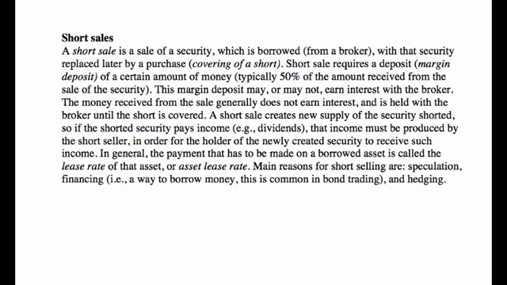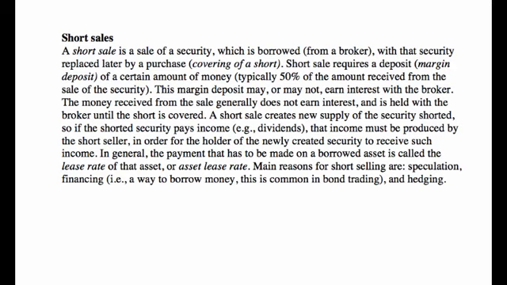And if that shorted security pays income, such as a dividend, that income must be replaced by the short seller because the company only issued one share and now you sold short another one. So the company that pays a dividend for this share will pay only one dividend. You have to produce the second one.